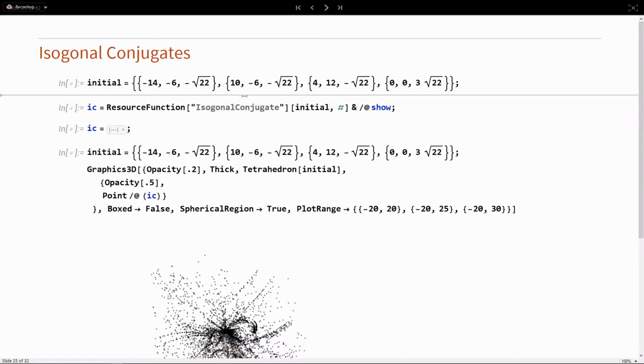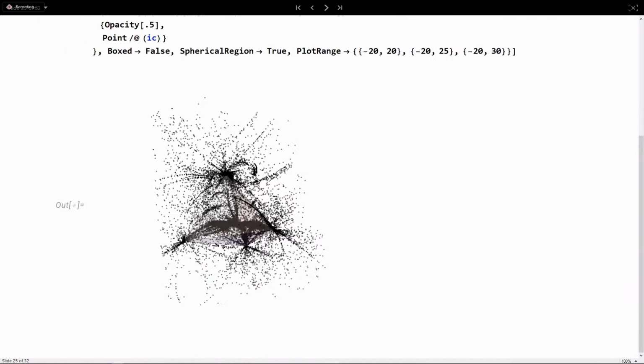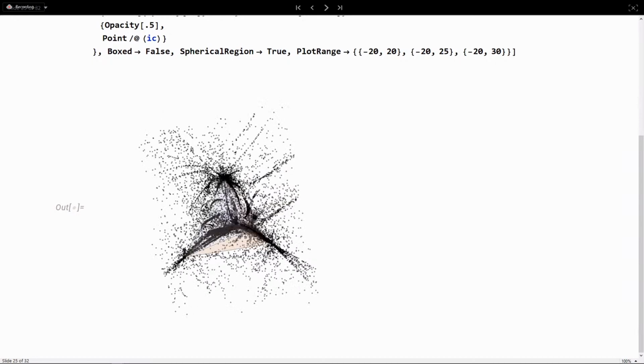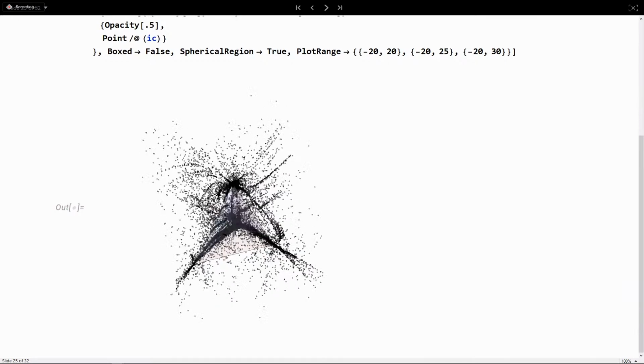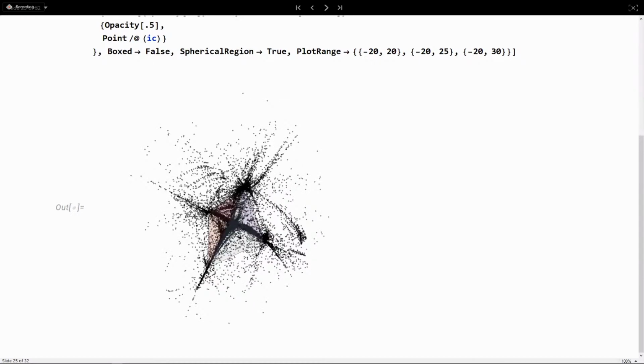So we can take a look at the isogonal conjugates of all these points, and we get this new picture here. Let's see if I can make this move. The isogonal conjugate points, all 50,000 or so of them, also have strange properties.